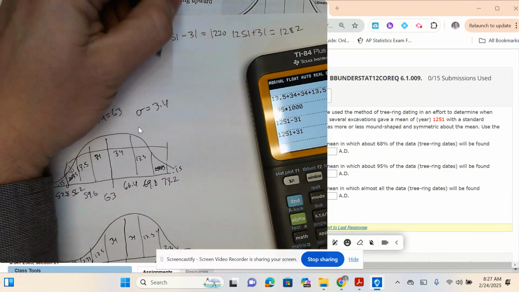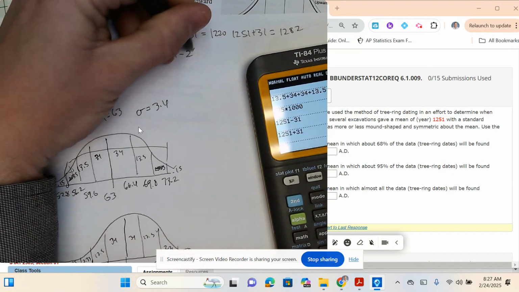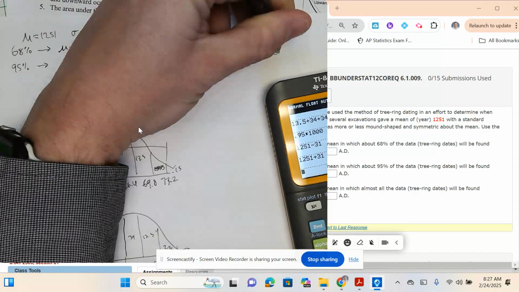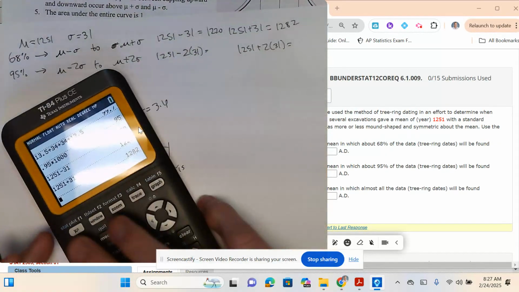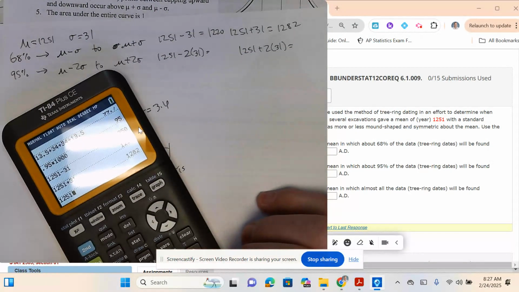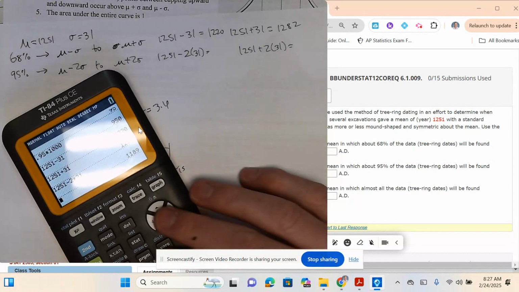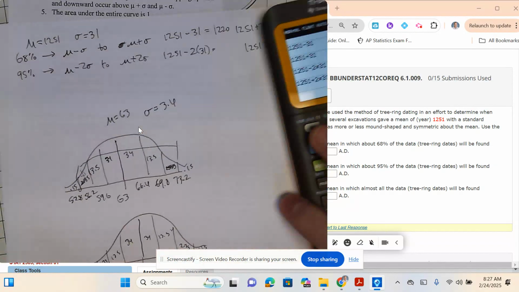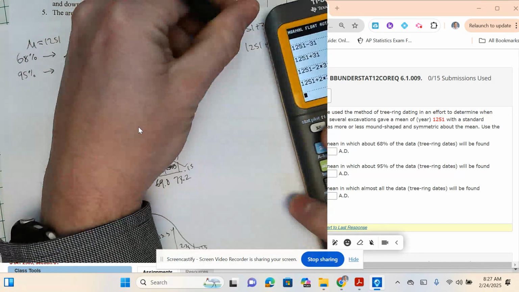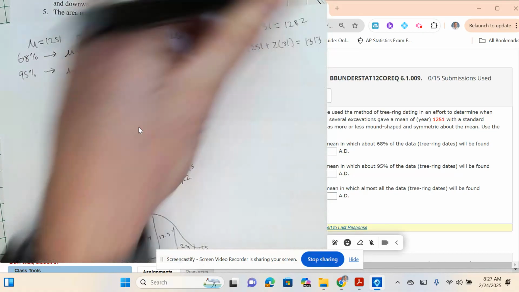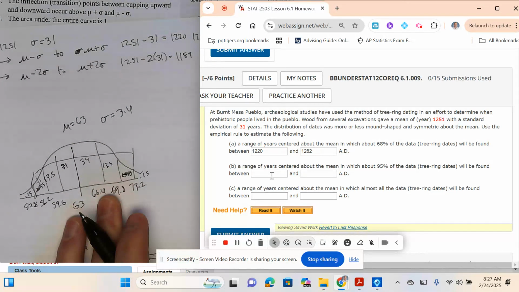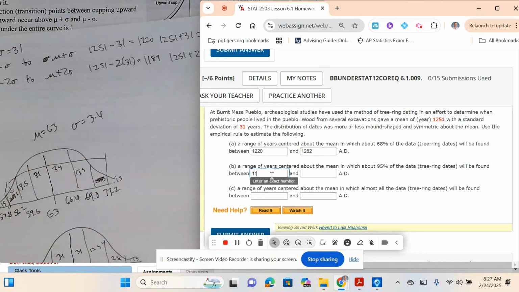So it'd be 1,251 minus 2 times 31, and 1,251 plus 2 times 31. So 1,189 to 1,313.